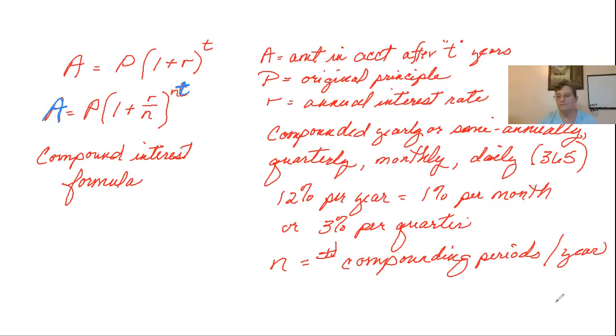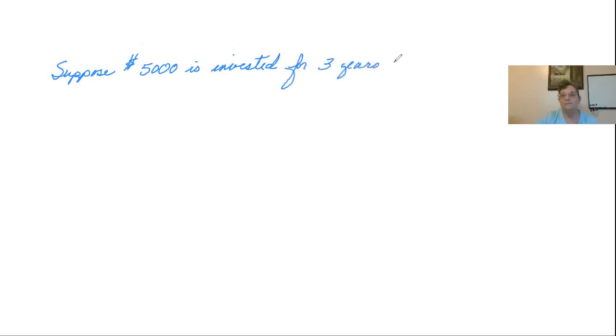So let's look at an example. Suppose $5,000 is invested for 3 years at a 6% interest rate, compounded, how about quarterly?